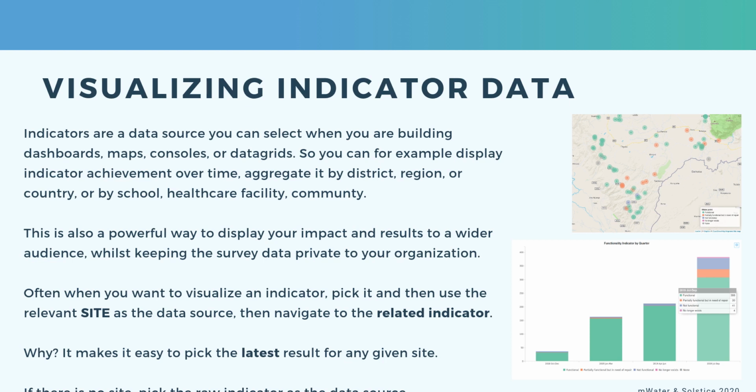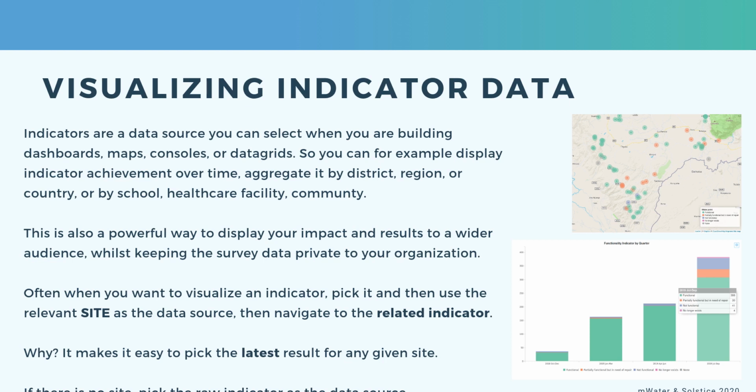Or you can visualize it by school, by healthcare facility, by community. And this is a powerful way to display your impact and results to a wider audience, whilst distilling the message to the key thing you want to display, let's say the SDG, or your organizational KPI. You can keep all the complicated survey data private to your organization.